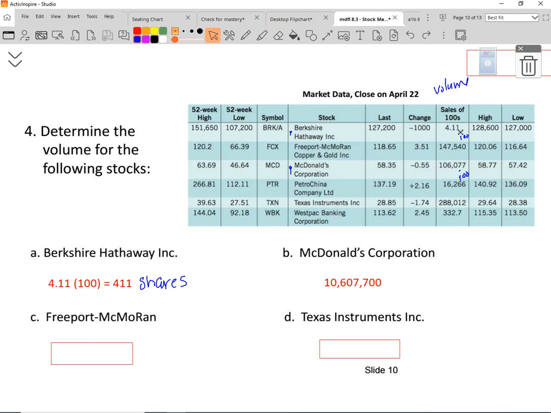Multiplying by 100 could mean adding 2 zeros and moving your decimal place to the right. 2 zeros wouldn't work on this one, but Freeport-McMoran times 100 for a total shares traded 14,754,000 shares. All of these should have the word shares by them.